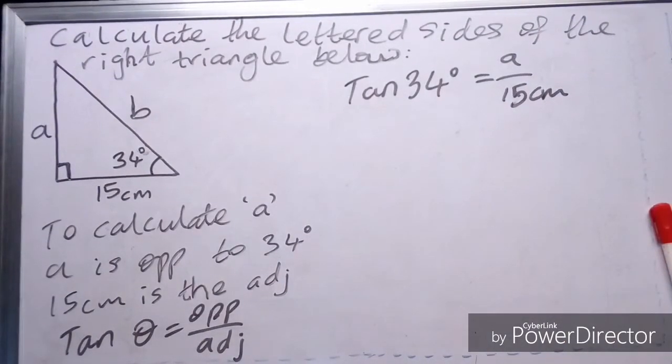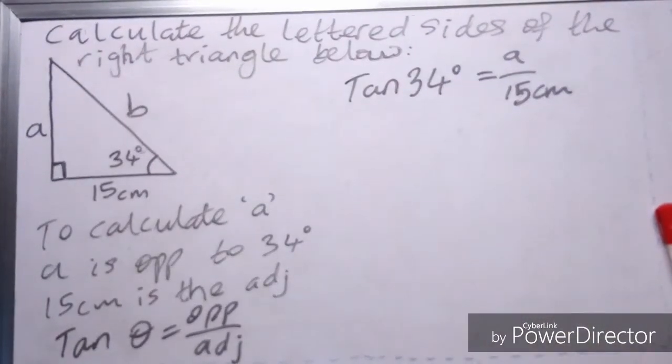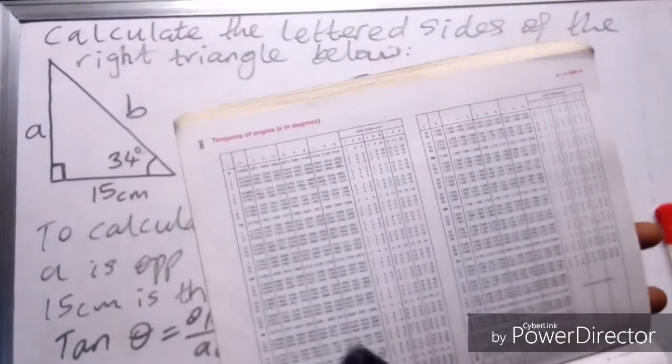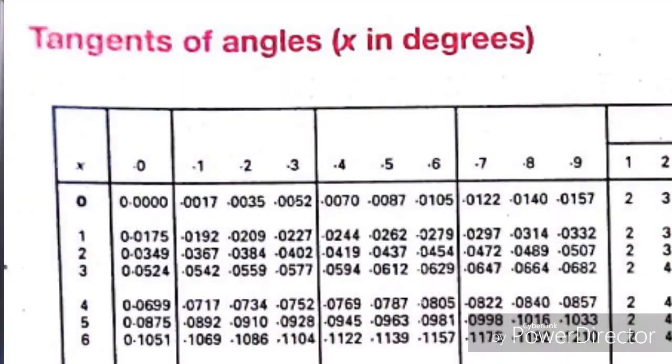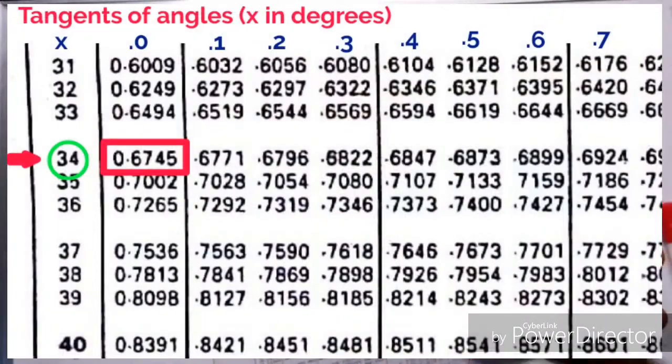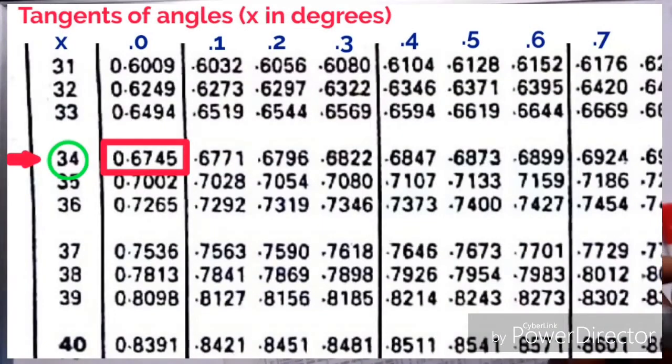Now, the next thing we're going to do is to get the value of tan 34 degrees. You simply go to your four-figure table and go to where you have tangents of angles, where x is marked in degrees. X represents the size of the angle whose tangent you are looking for.